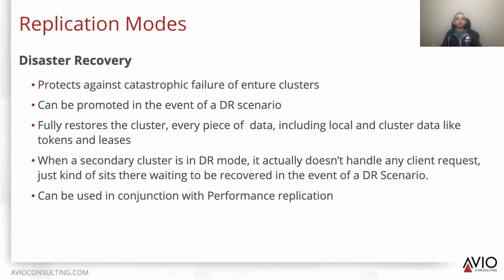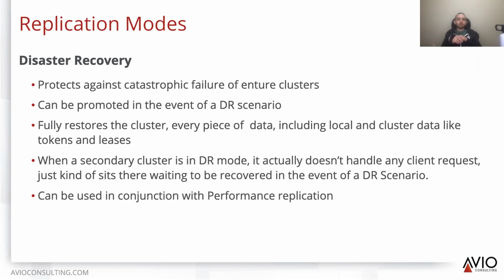And the third mode is called disaster recovery mode, and it's basically a mechanism that is designed to protect against catastrophic failures of entire clusters. So in the event of a disaster recovery scenario occurring, secondary disaster recovery clusters can be promoted to be primary clusters.